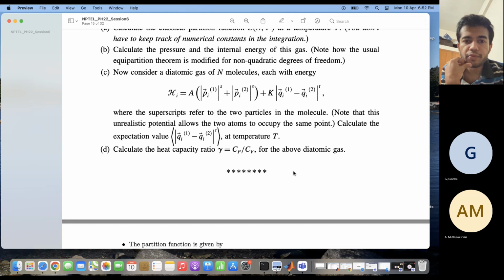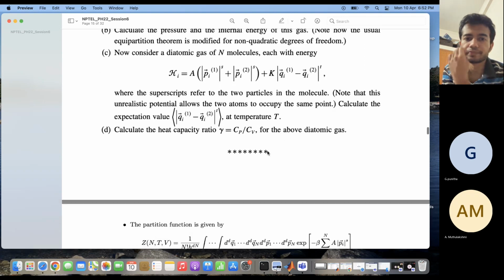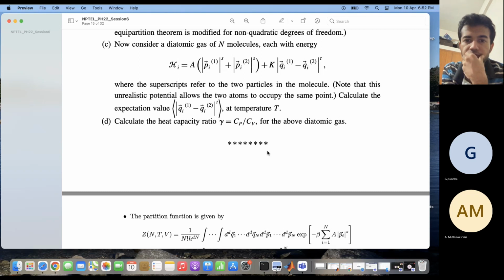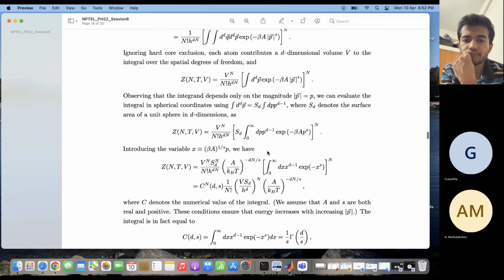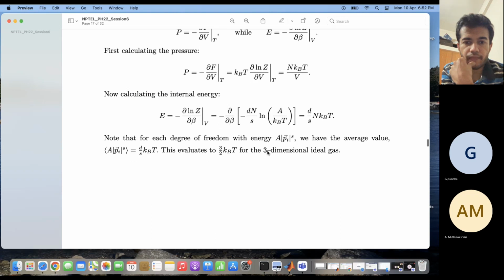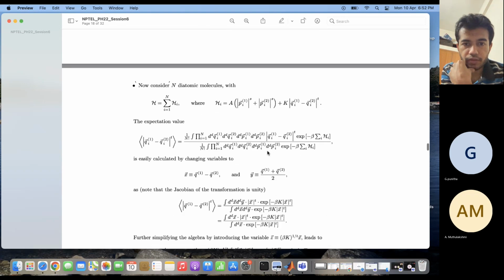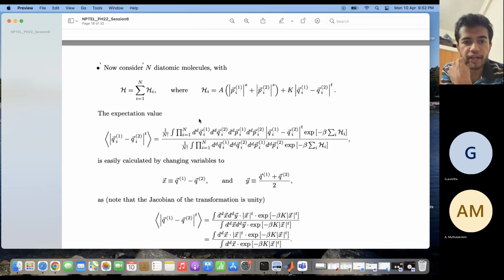So here what we have to do is calculate the expectation value of the potential energy, that is (q_i1 minus q_i2) raised to the power t, at a constant temperature. So here is the Hamiltonian which I had.